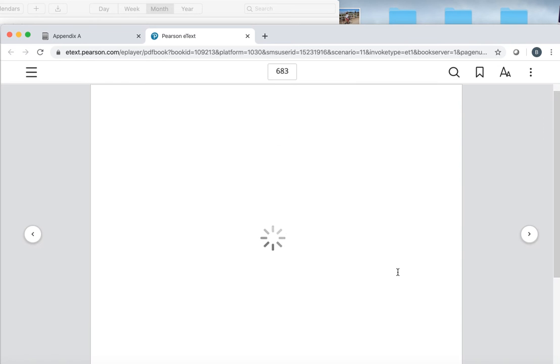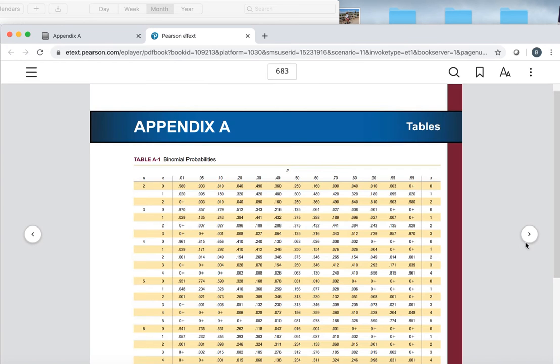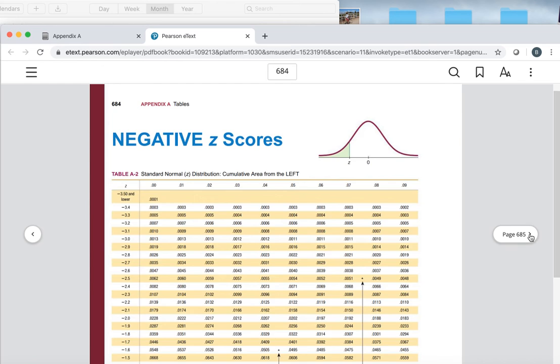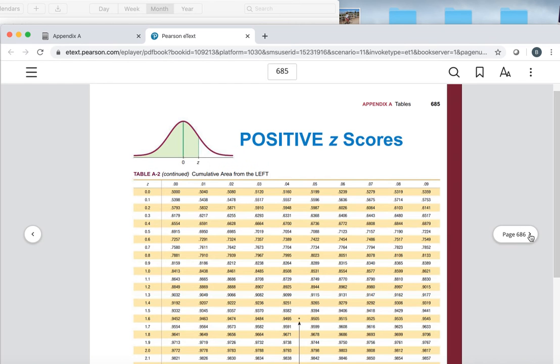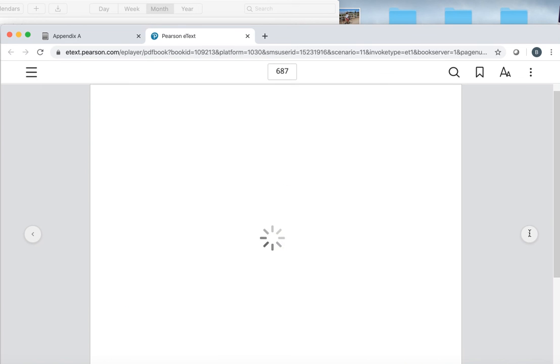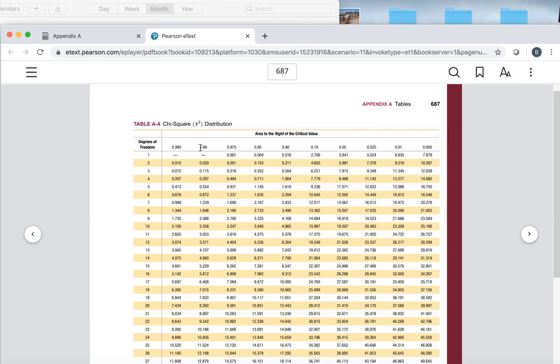This is the first appendix, so we just need to move to the chi-squared. So it goes through the normal, and then the t, and then we come to chi-squared.